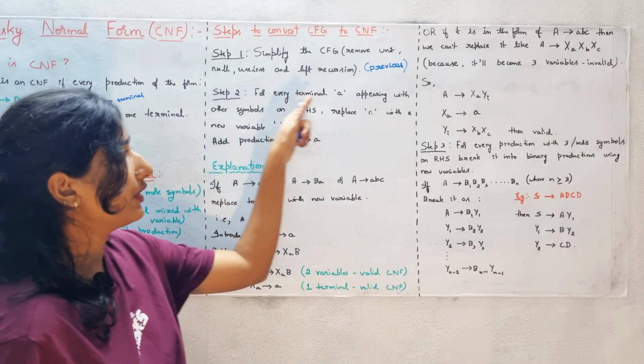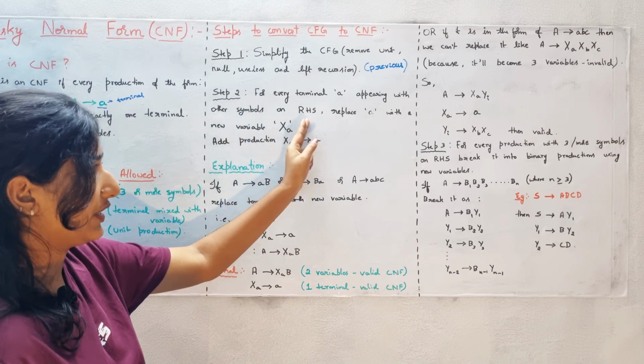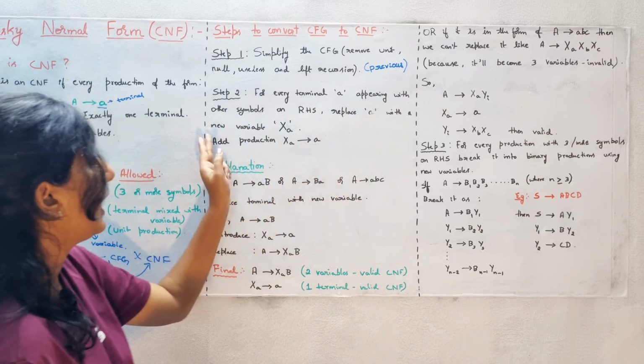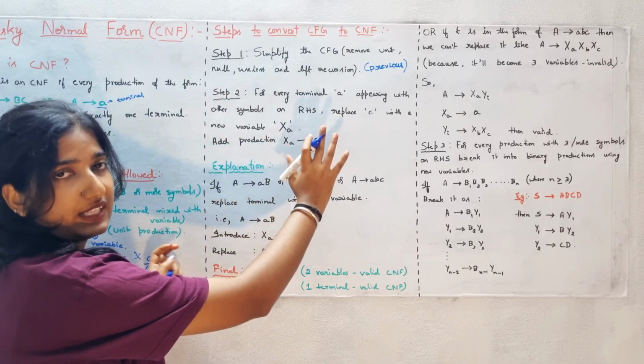And then for every terminal a appearing with other symbols on RHS, replace a with a new variable Xa. Carefully listen to this.